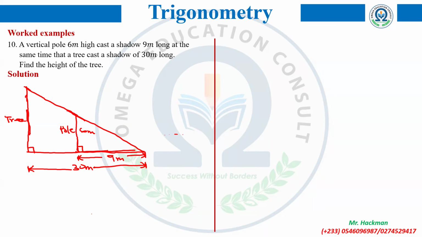Please, the shadow cast from the pole, is it from the shadow of the tree? Which distance are you talking about? The 9 meters. So that's why I said, before I even came to draw this, that if you are measuring your shadow, obviously it will start from your foot. Have you observed your shadow?